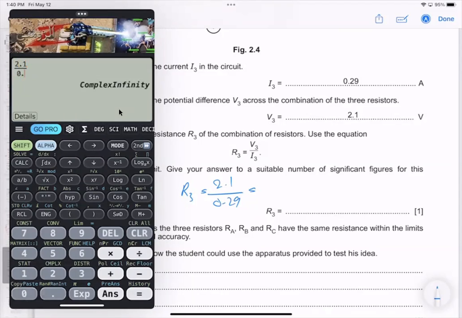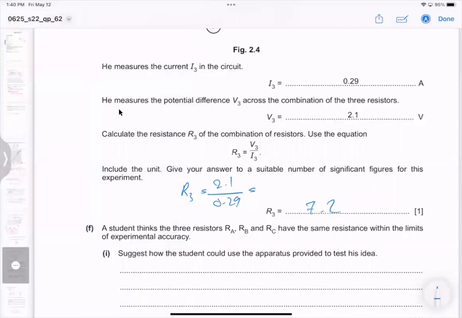How much? 7.24. 7.2, forget about the 4. You can write it in 3 significant figures, it doesn't matter. But don't forget the unit, ohms.